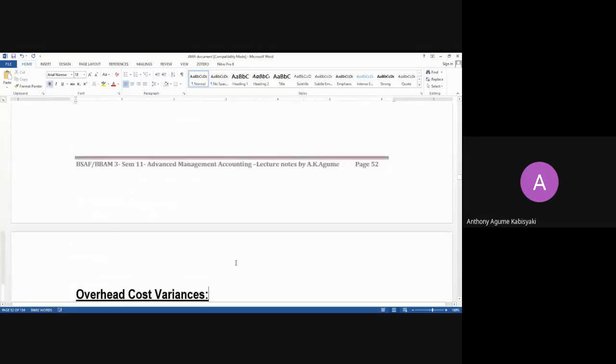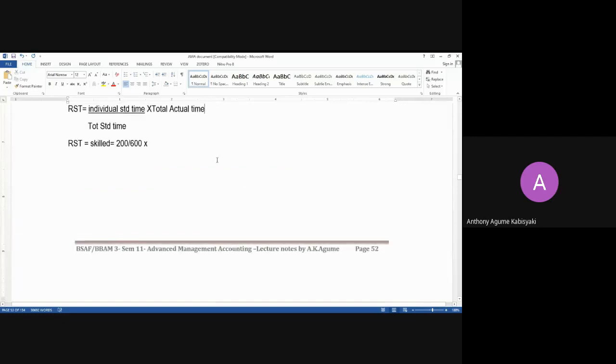So if you multiply by 720, you will get for skilled. Then I do the same for unskilled. The individual is 400 out of 600 times 720. So what do I get for the upper one? 240.